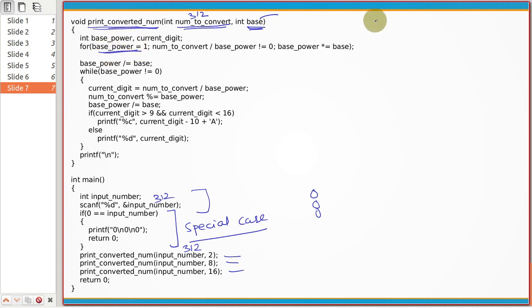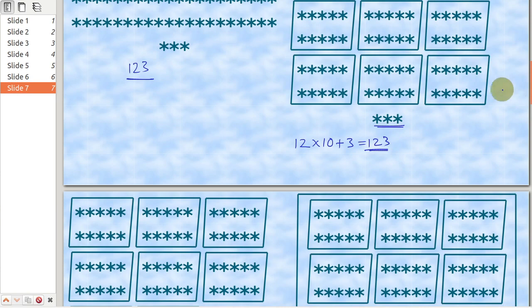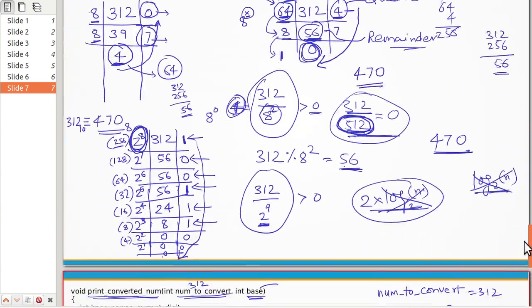So let's check: the num to convert is equal to 312. Your base is 2 and base power I am initializing with value 1. So basically in this base power I will keep changing it to 2 raised to 0, 2 raised to 1, 2 raised to 2 and so on, right?